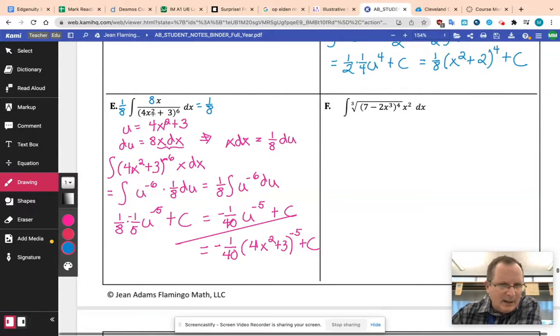And then this was my chain rule, so it will disappear when we're going backwards. So I've got my ticket, so now I can go backwards. And then this will be x squared plus 3 to my new exponent. It was negative 6. Now it's negative 5. Divide by the same.